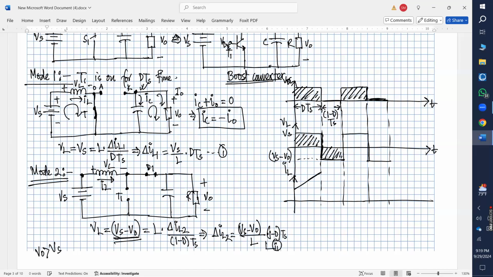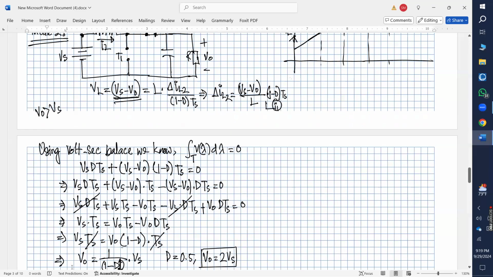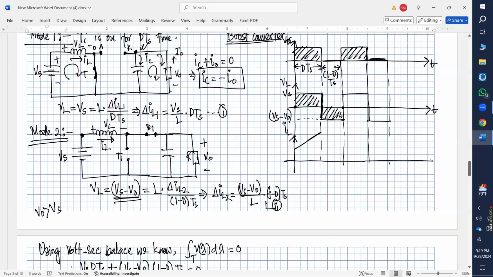This will be the negative value, and in a similar way it will repeat. The area here is positive, and this area should be negative so that if we integrate from here to here, it adds up and becomes 0. That is what the volt-second balance says, right? Similar to the inductor current, since this value is negative, the current will have a negative slope here.